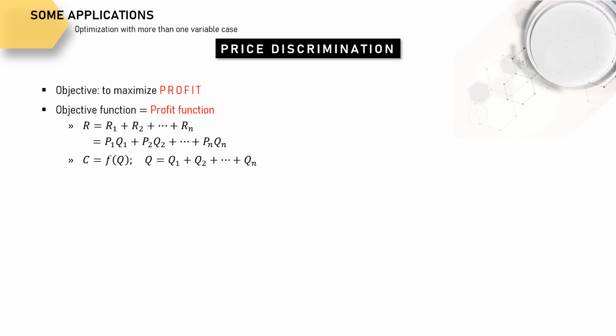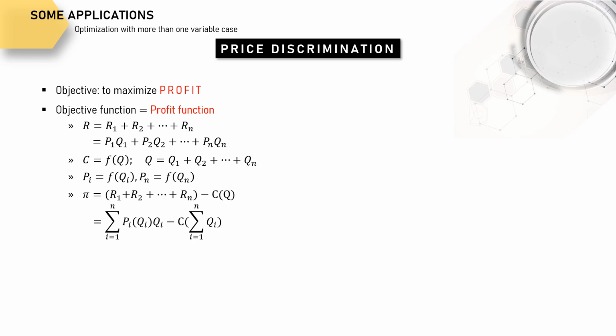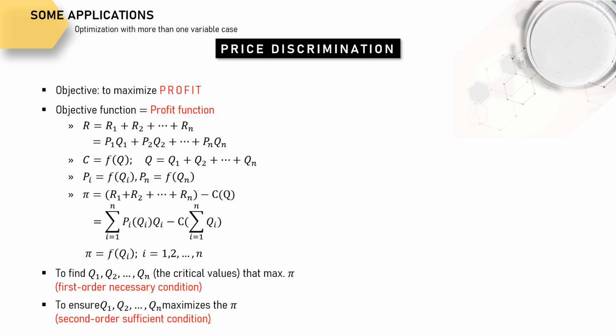Price is a function of the quantity of output produced by the firm as expressed here. And with all the situation, then the firm's profit can be expressed like this and this. As we can observe, it is affected directly by the number of outputs produced and sold to different groups of customers. So Q1, Q2 up until Qn are the choice variables. So here is what we basically do in the optimization process.